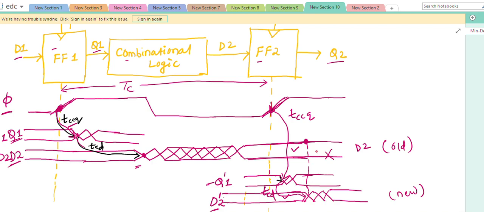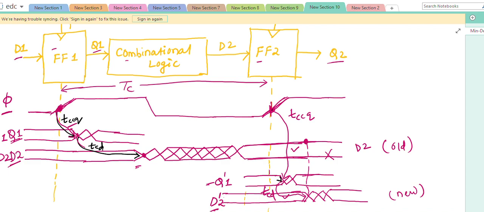When the new D2 is coming, the old D2 data will not be present here, it will be taken by the new D2. That means at this time the new D2 is changing. Understood? Then what is the drawback if this is happening?